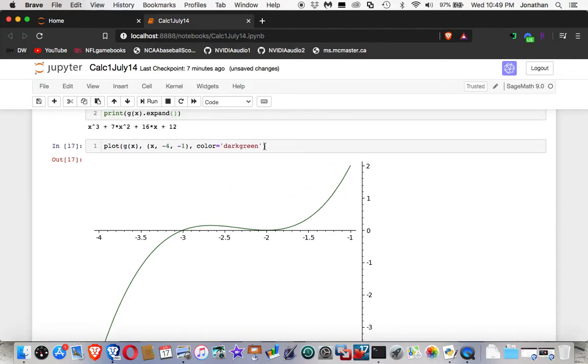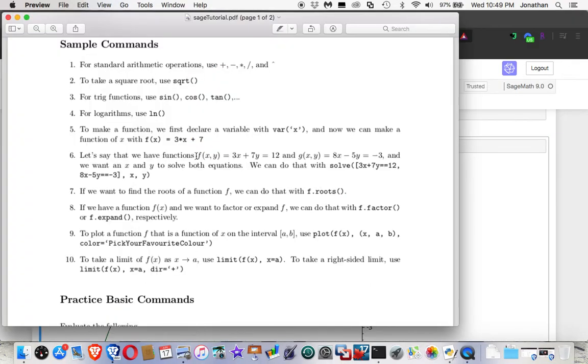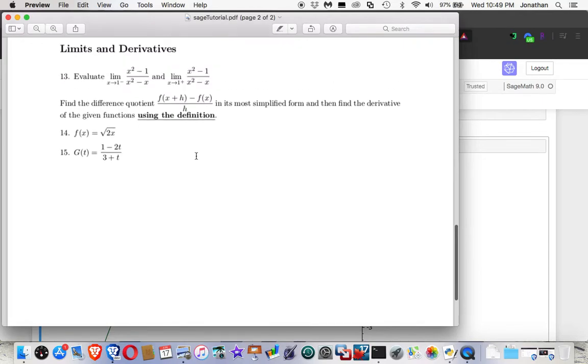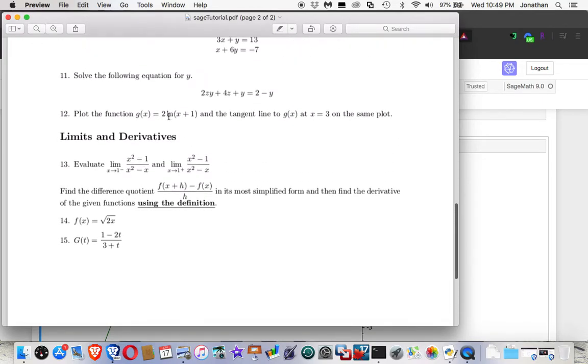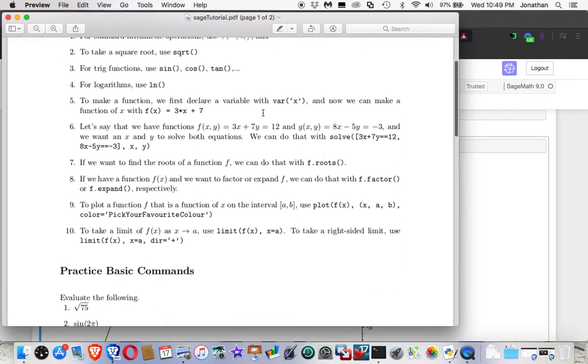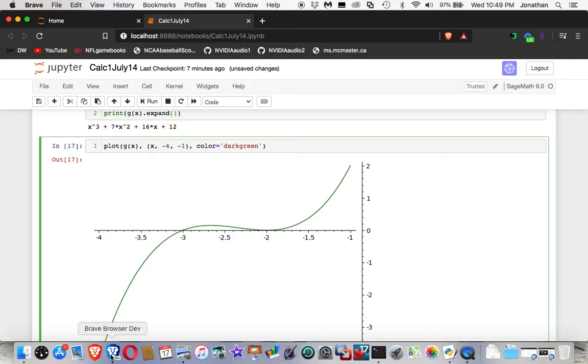Well, let's go and add a tangent line onto this, because I do ask you to plot a tangent line on the same plot. So let's go and include how you would do that. What's nice about this is you can add plots together.